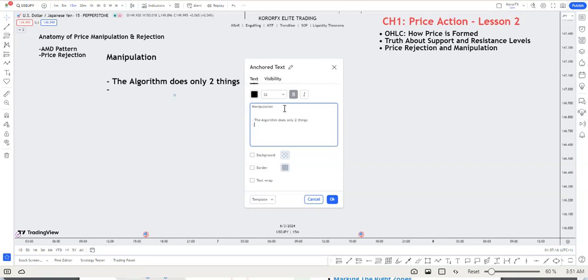One is manipulating the price, and the second one is engineering liquidity. So these are the two things that the algorithm they have does: manipulating the price and engineering the liquidity.